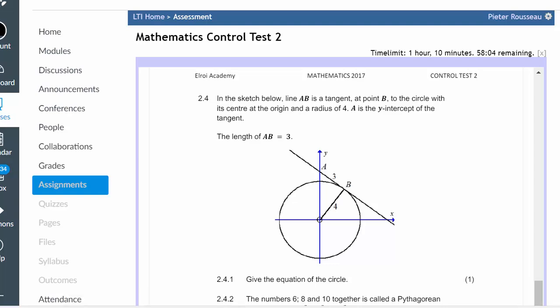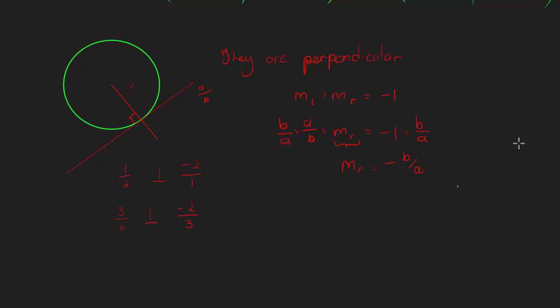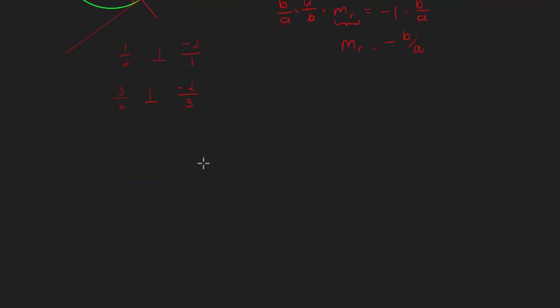Okay, so the equation of the circle is simple enough. The equation of a circle is x minus p squared plus y minus q squared is equal to r squared. Now we just substitute the center, which is the origin.